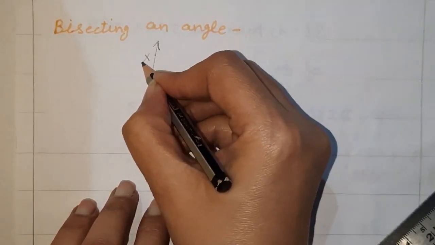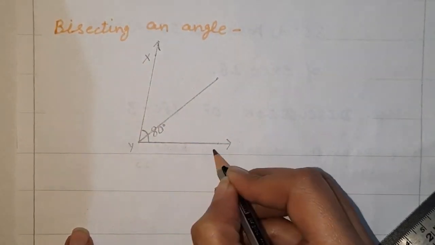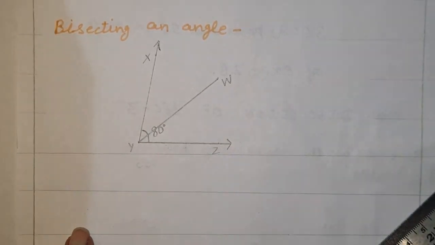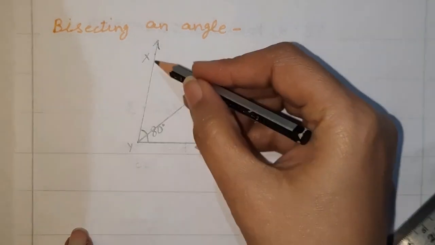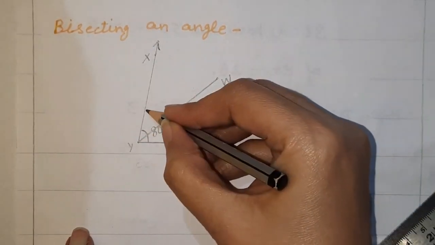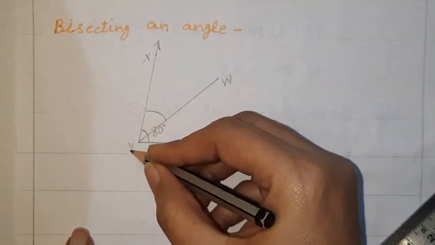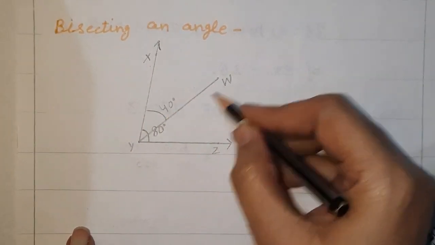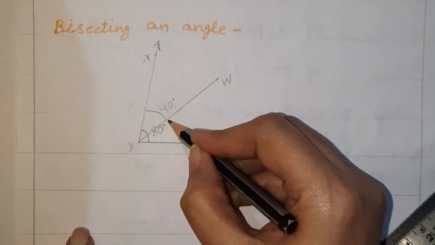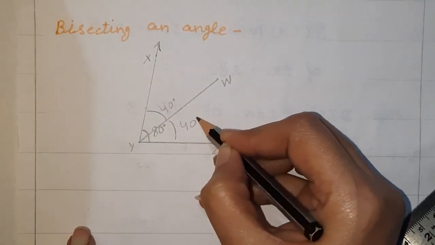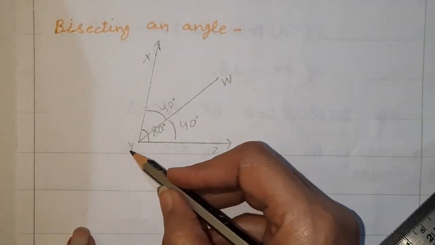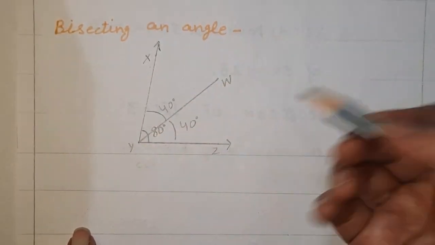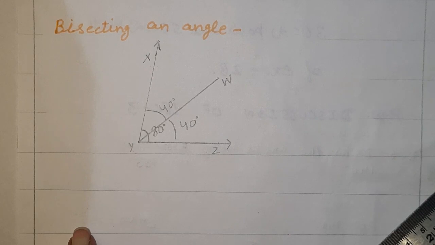Give the naming X, Y, Z, W. Now angle XYZ is divided into XYW 40 degrees and WYZ 40 degrees. So this line segment YW has divided the angle XYZ into two equal parts.